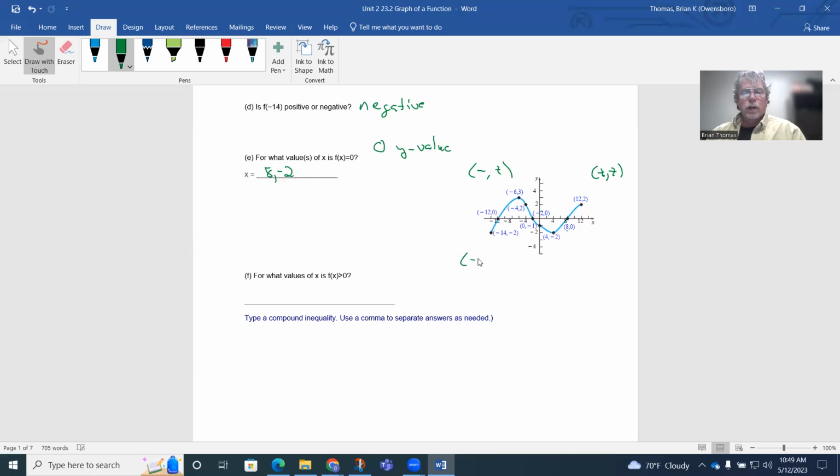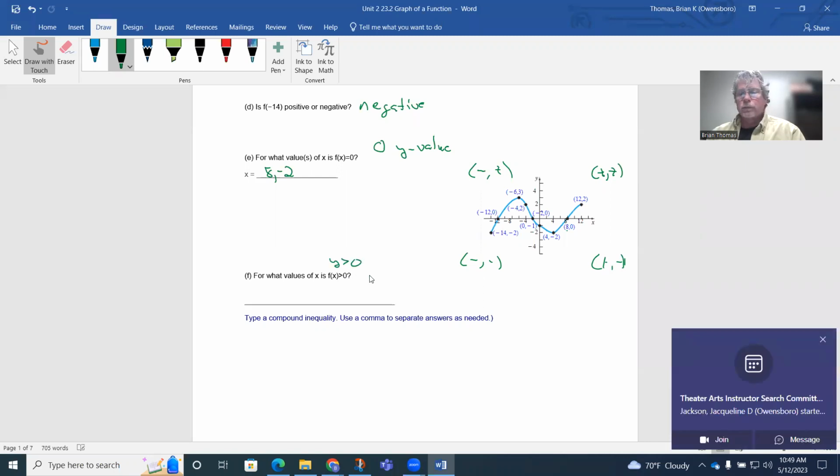In the third quadrant, x is negative, y is negative. In the fourth quadrant, x was positive, y was negative. So when it says f of x is greater than 0, what they're saying is our output value, or our y value, has got to be greater than 0. So what this tells me is I'm looking for above the x-axis, because if you're above the x-axis, that's where all the y values are greater than 0.